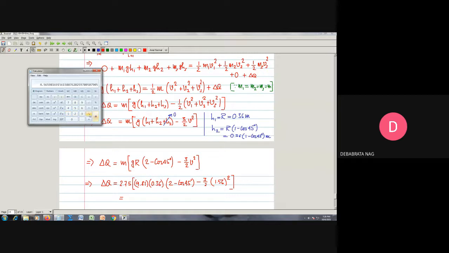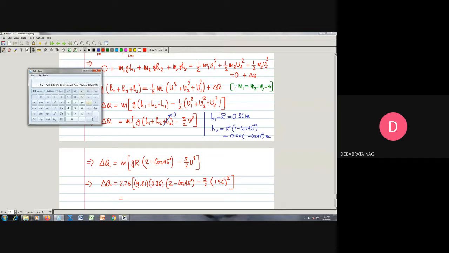Then we subtract 3 by 2 into 1.56 squared. The result turns out to be 2. Then we multiply it by the whole mass, 2.75.